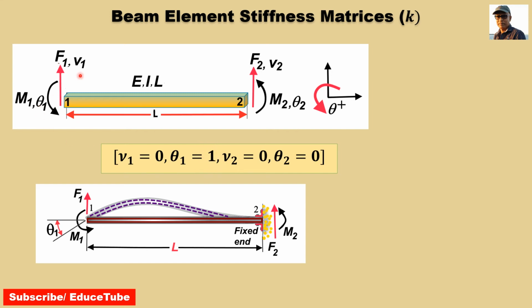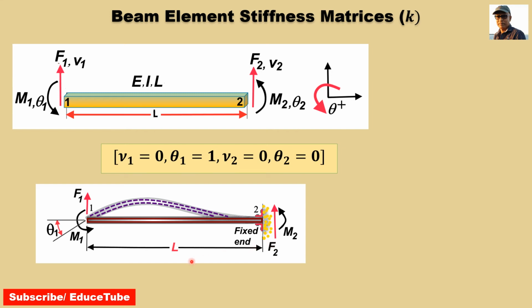Before, we assumed ν1 equal to 1; now we are assuming θ1 equal to 1, but the other 3 will be 0. Now this is the deformed beam. Here in the same way node 2 is fixed.